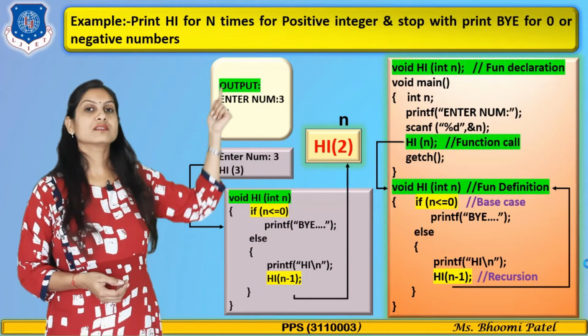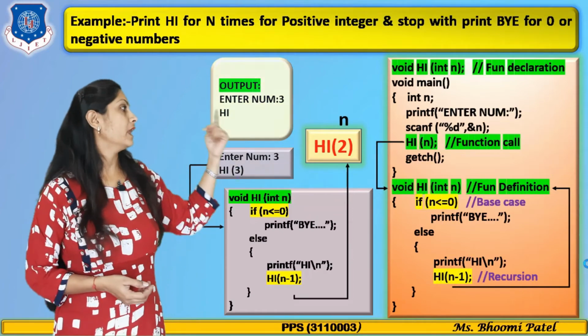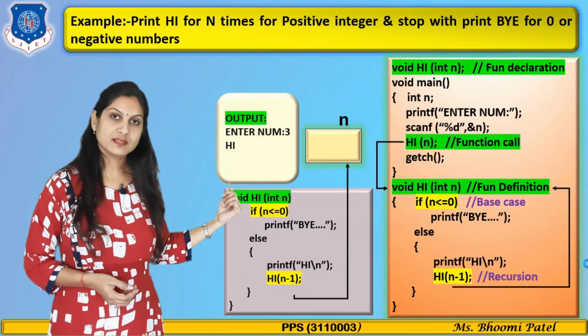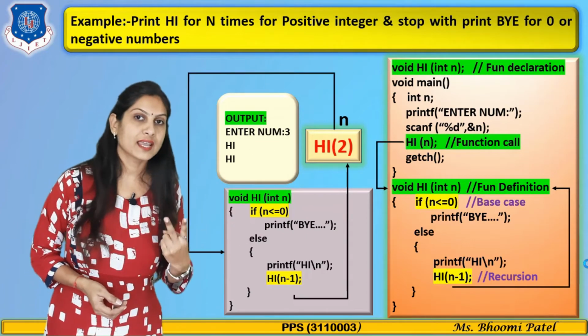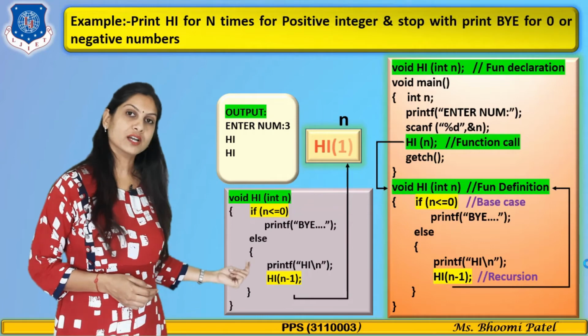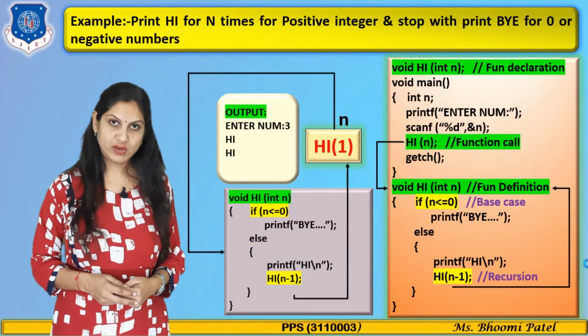So again the cursor moves onto the function definition with n value 2. Then check the condition. Is it 0? No. So go inside the else part and print hi the second time, and then call the function hi with the updated value, that is 2 minus 1, that is 1.